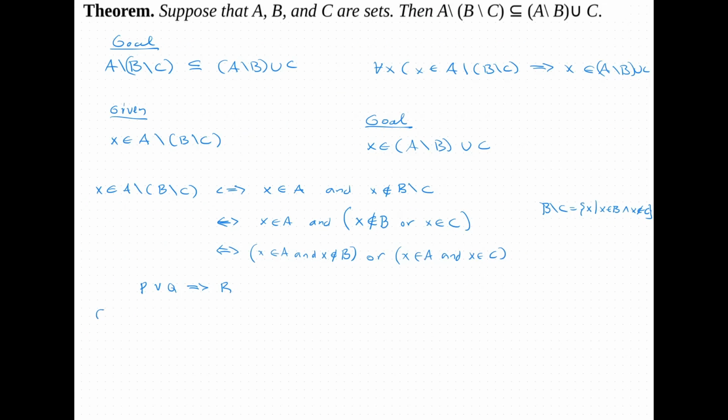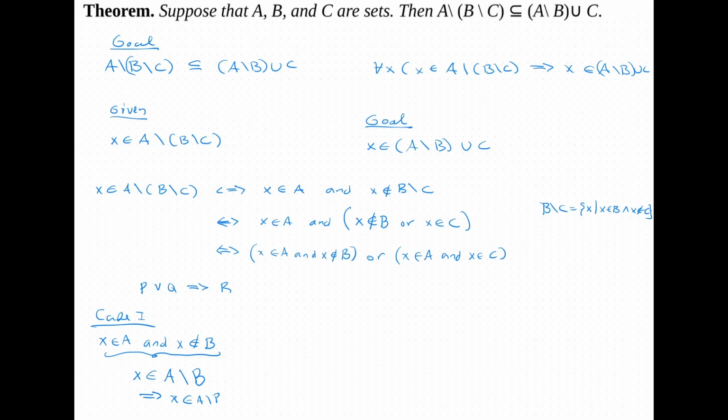So we're going to have a case 1, where we're going to go ahead, assume that x is in A and x is not in B. So if we assume this, we want to show that then x is in A minus (B or C). But now, this here, by definition, this is equivalent to x being in a set difference A minus B. And so we have that x is definitely in the union.